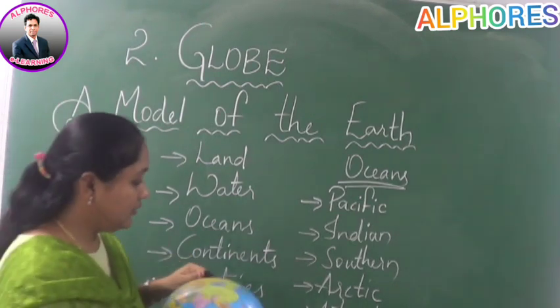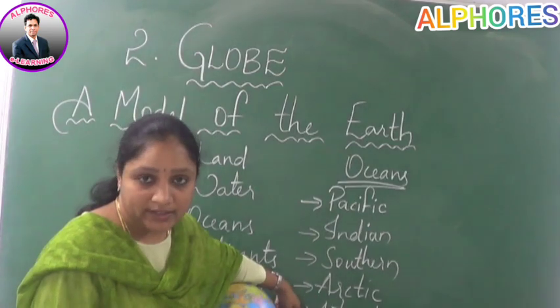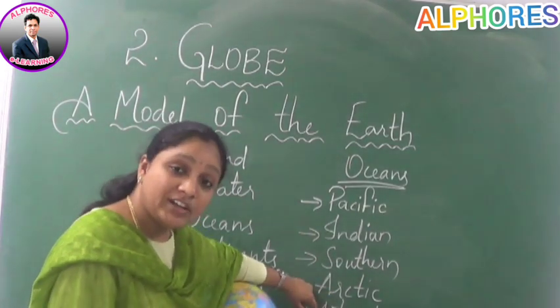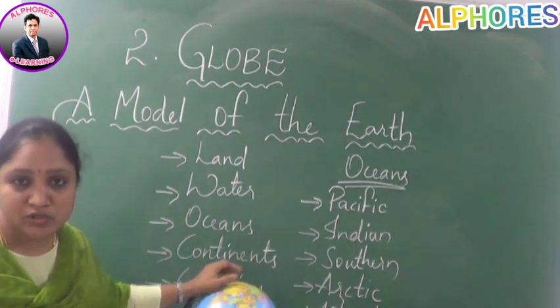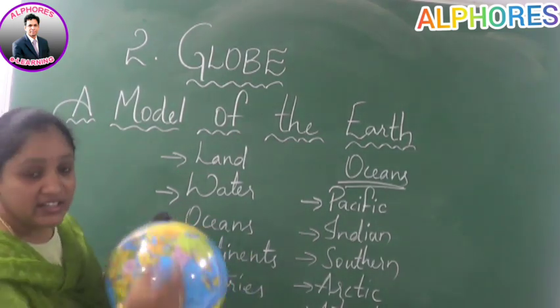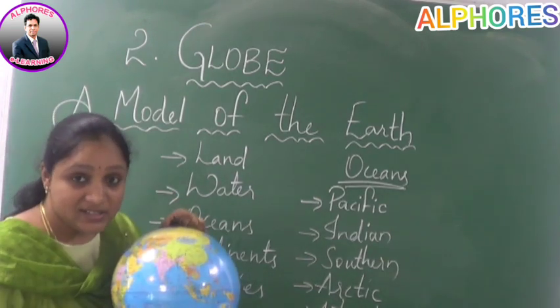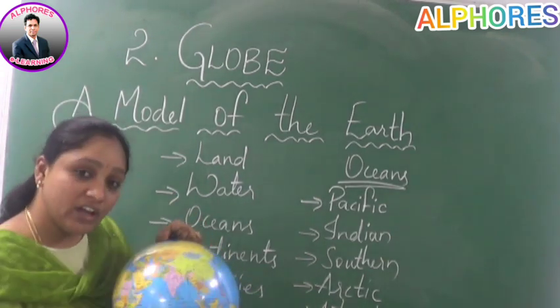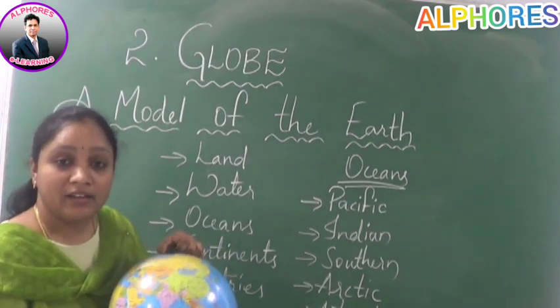And there are two other oceans, the Arctic Ocean and the Antarctic Ocean. These are located in the freezing zones because they are near the two edges. What are these two edges? I'll discuss that later, but when we are talking about oceans, let us talk only about the oceans.